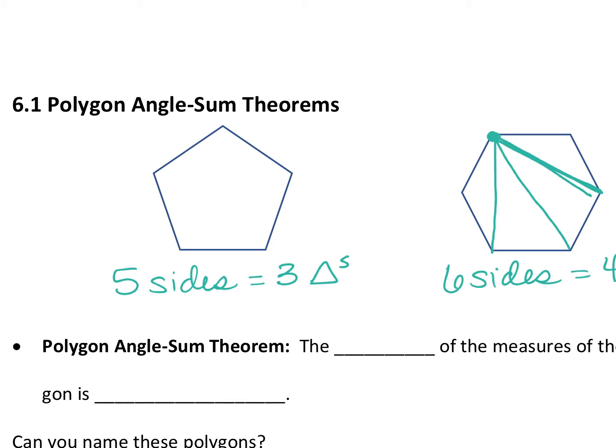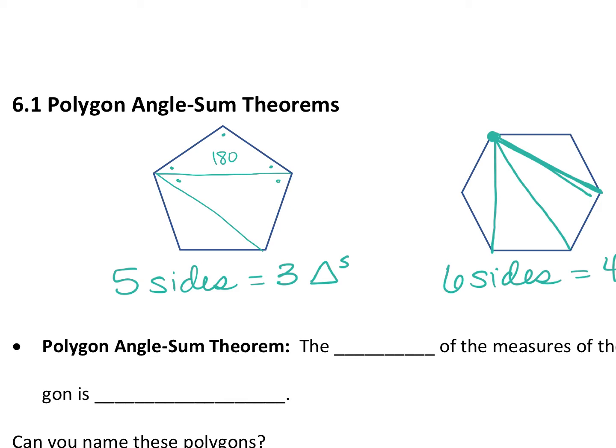But if I draw the diagonals in, I do know the sum of the angle measures of a triangle. What is the sum of the angles of a triangle? 180, right? So that means these 3 added together will be 180 degrees.